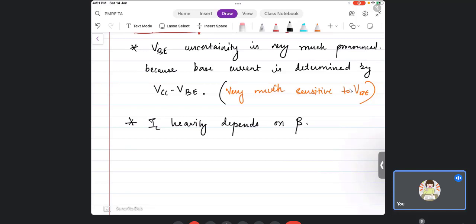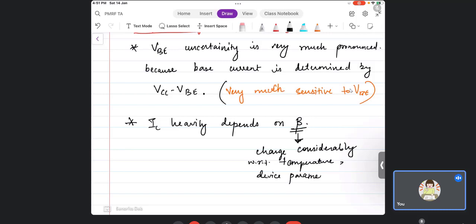And this parameter can change considerably with respect to temperature or device parameter variations. It is highly dependent on it.